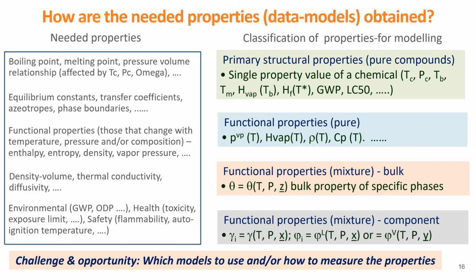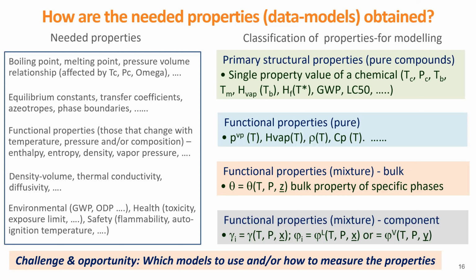So these are pure compound properties. At a given temperature, they can be calculated from other properties. So that's what we call the secondary properties. And then the functional properties would be what would be the vapor pressure as a function of temperature, heat of vaporization as a function of temperature, for still the pure compound.